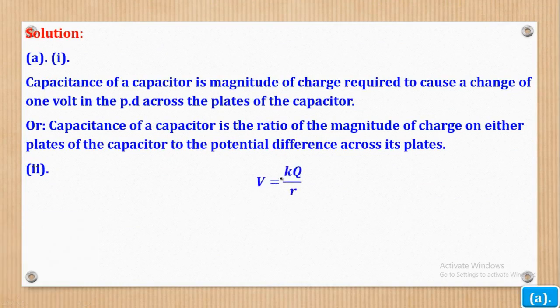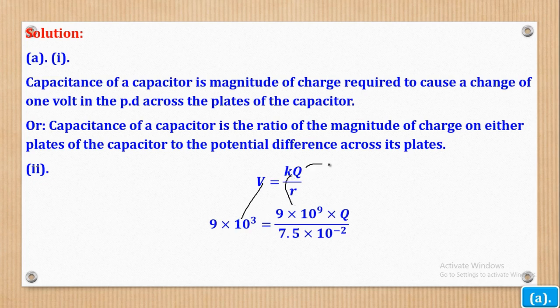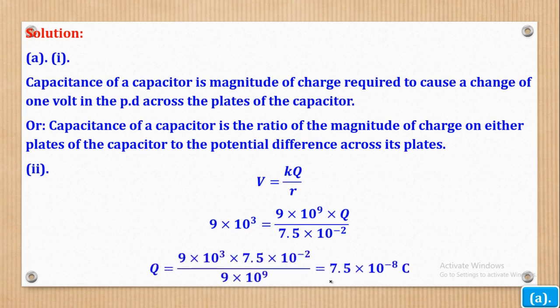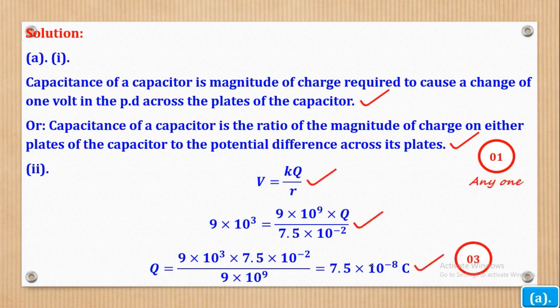So now V is equal to kQ over R. I will substitute for V. It was kilovolts, so change to volts, that's why I multiply by 10 to power 3. k we already know, Q is what we don't know, and R we know. It was in centimeters, we convert to meters. Then when I make Q the subject, Q will be equal to 7.5 exponent negative 8 coulombs. And that is how marks would be awarded.